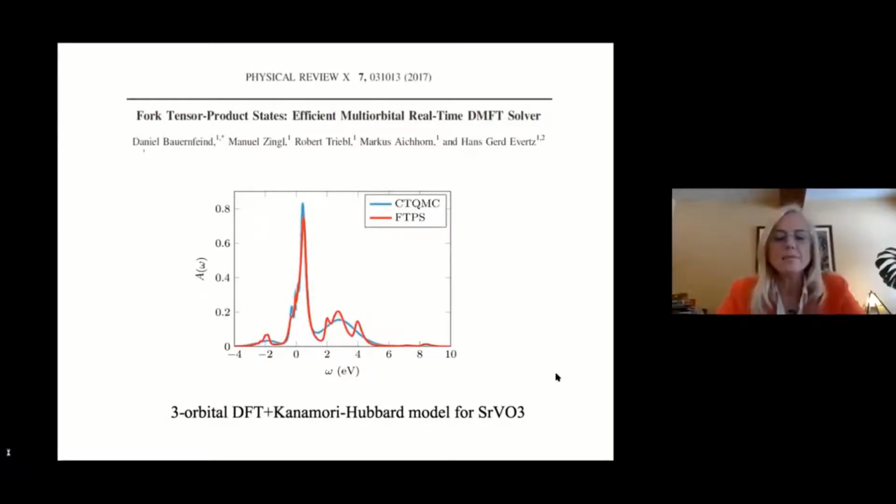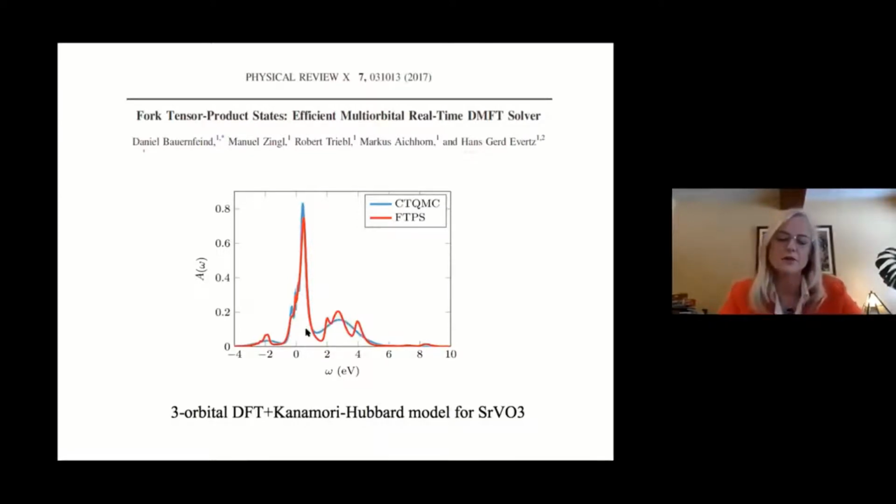Then there's also an important development I want to mention, which is called the fork tensor product, based on tensor networks to solve the impurity, done by this group. They also solve the multi-orbital, three-orbital Kanamori-Hubbard model with DFT input for strontium vanadate, and they get the density of states for the doped systems in red, compared to the light blue continuous-time quantum Monte Carlo results that are brought in from the imaginary axis.